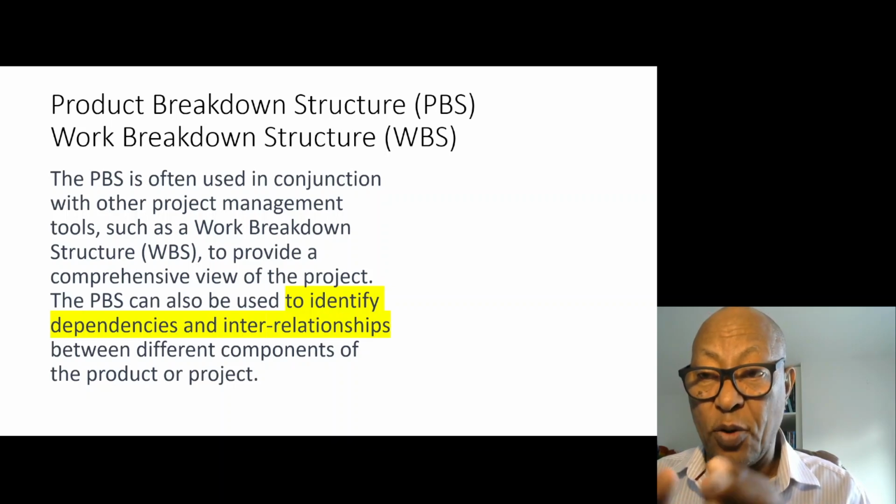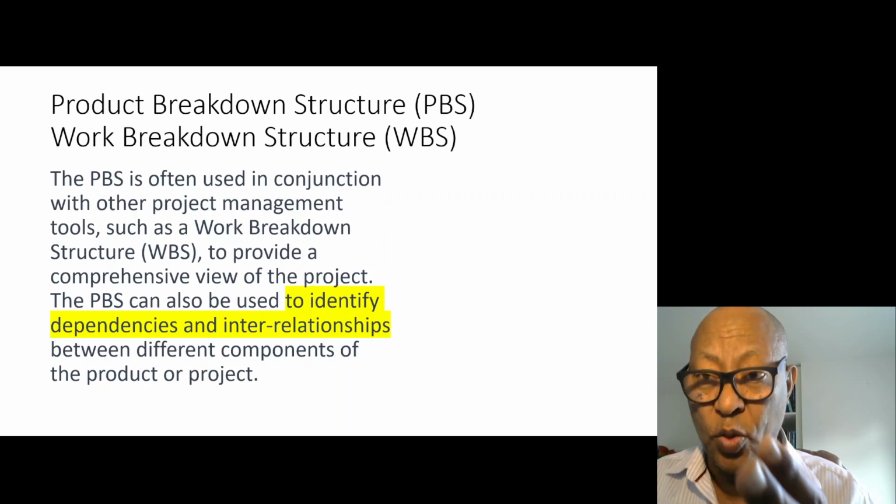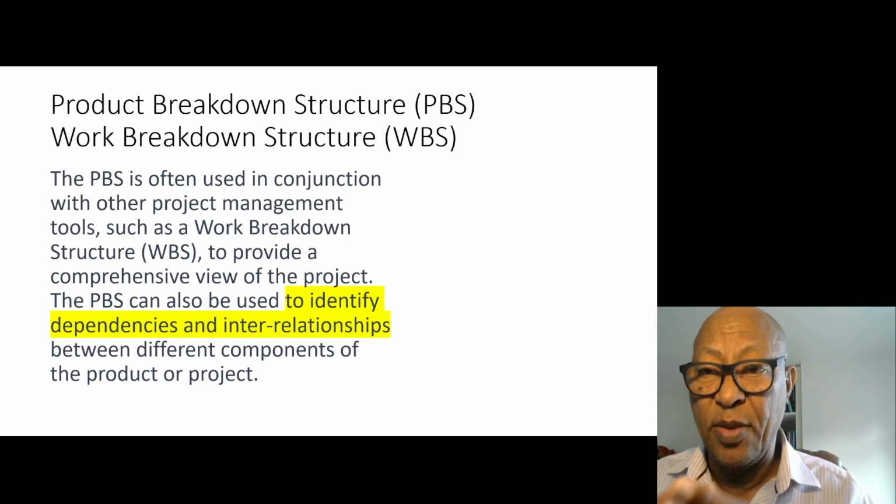From all this we create work packages. Those work packages enable the person allocated to complete that work, and we make sure that they have the skills and the knowledge to do it, and the resources required to do that.